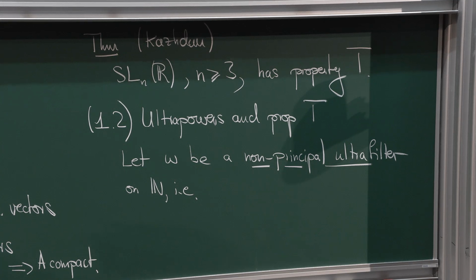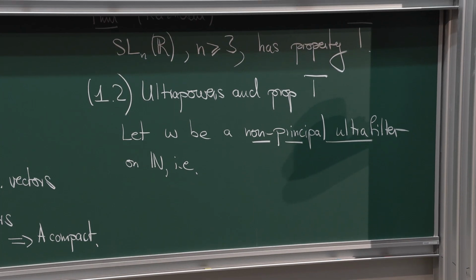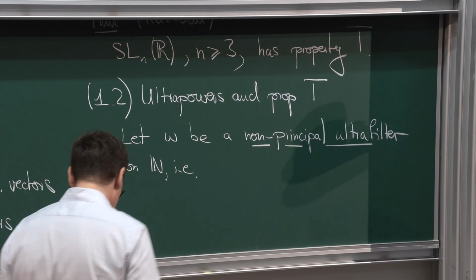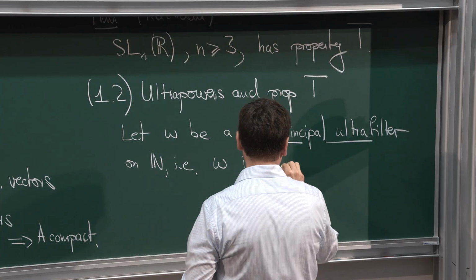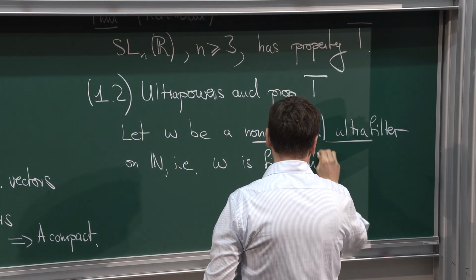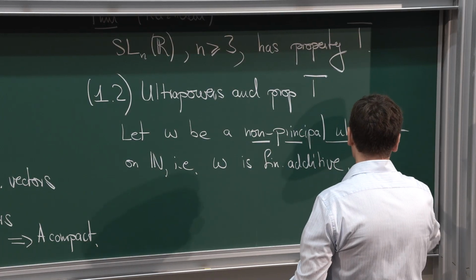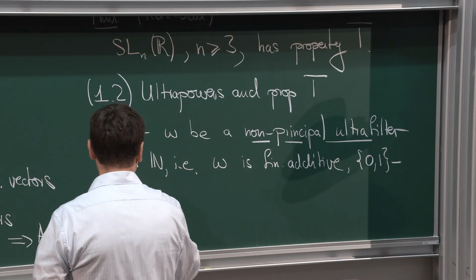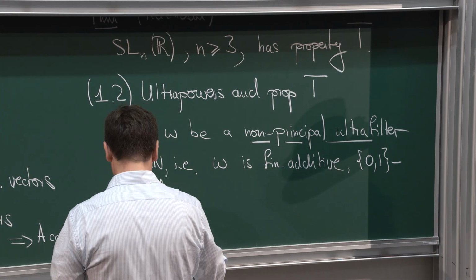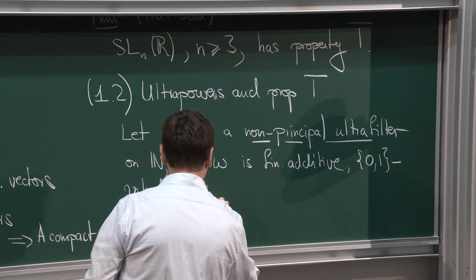And the only way I can remember the axioms somehow is to view it as a probability measure. So this means that this is a finitely additive, it's not sigma additive, finitely additive, 0-1 valued probability measure on the natural numbers.